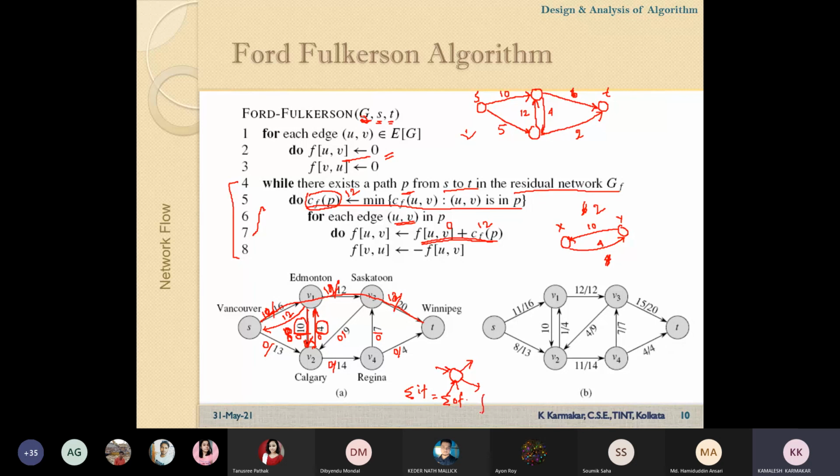For all vertices belonging to V except S and T, that is, except source and sink, the incoming flow should be equal with the outgoing flow.